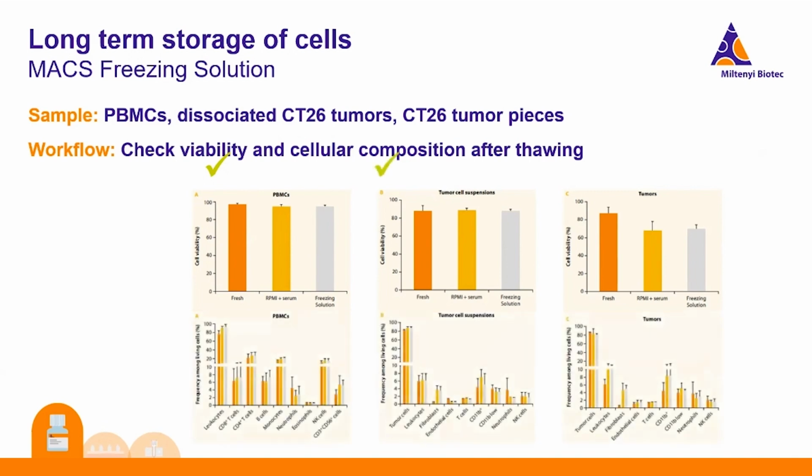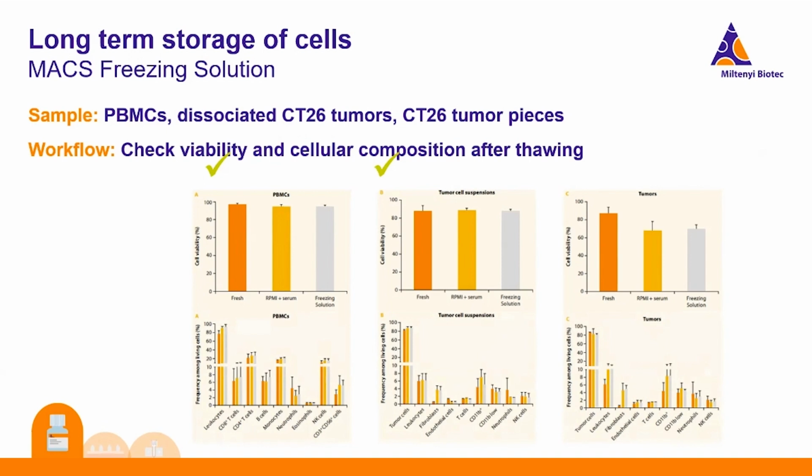Nevertheless, we have also looked at cellular composition, and we see here as well no significant effects. I also need to say here we have compared our freezing solution with the homebrew method, and what makes our freezing solution particularly interesting is we don't have any human serum or animal-derived compounds in our solution.